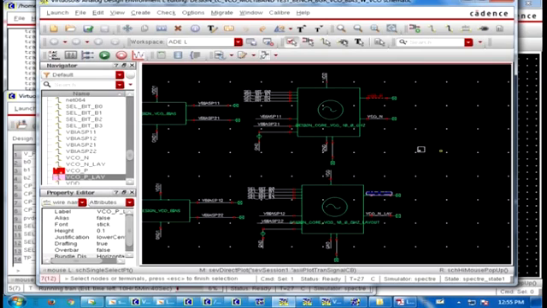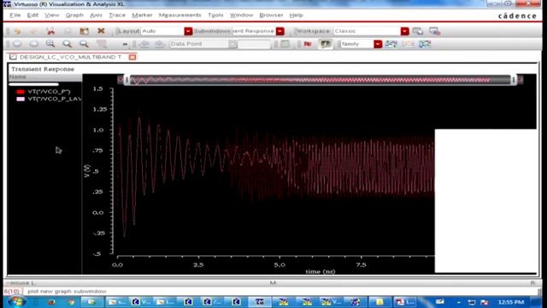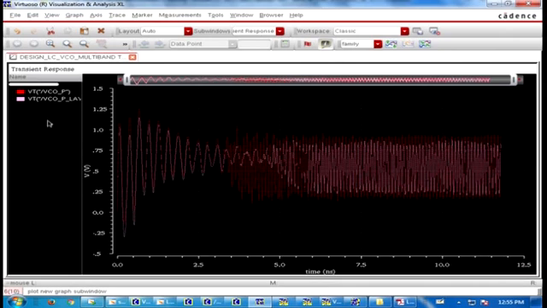It takes time. It's coming. Can you just change the color because red is not visible from the back. It's not started. You have some transient and then the oscillation builds up.